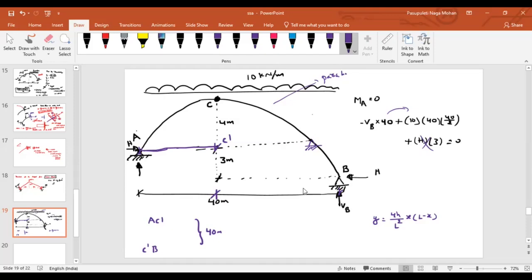Instead of L minus x, we can substitute... I know that at this point it is 4 meter. Yes, sir.